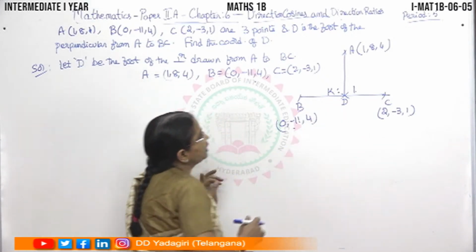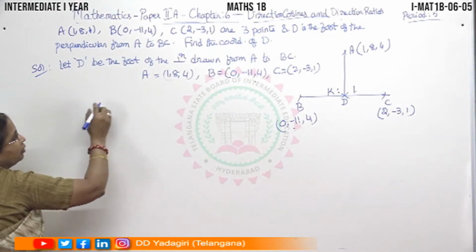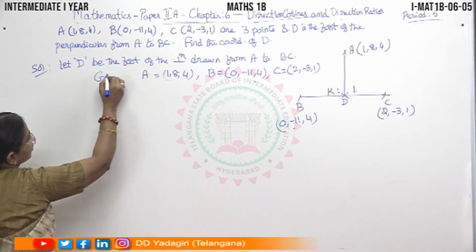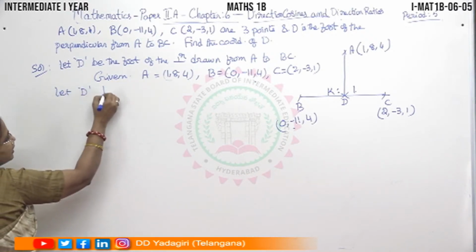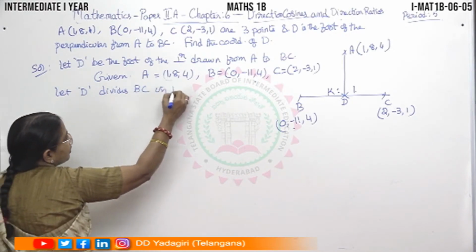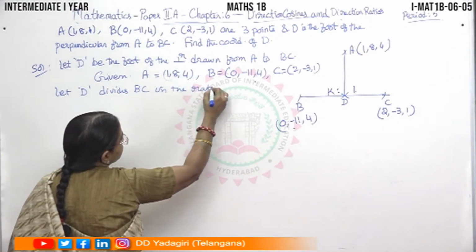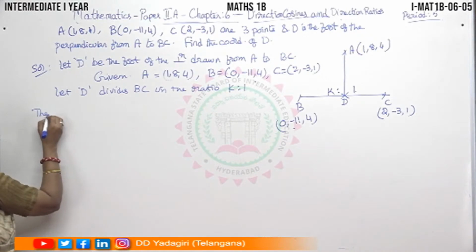So suppose that D is the foot of the perpendicular drawn from A to BC. You are given these points. Let D divide BC in the ratio K is to 1. Then what are the coordinates of D?